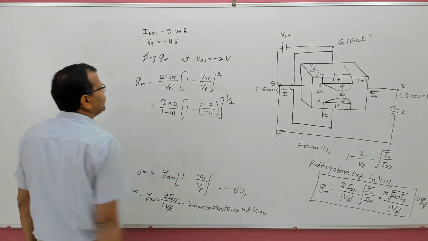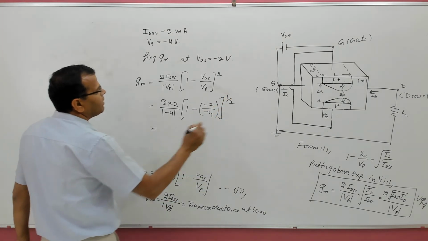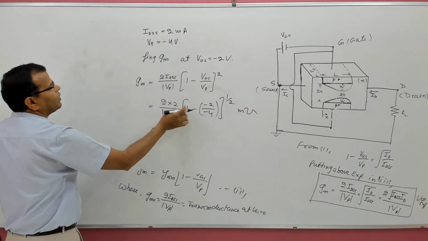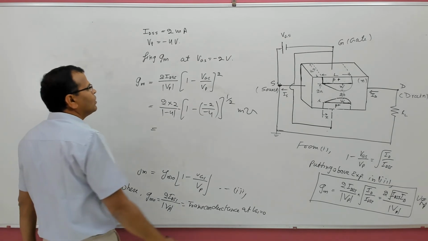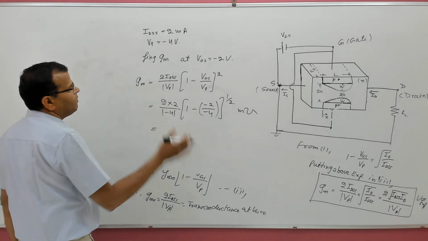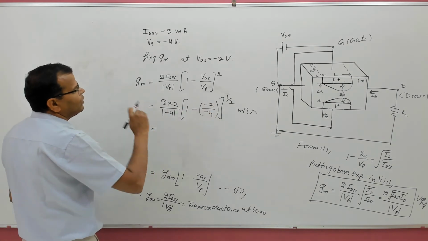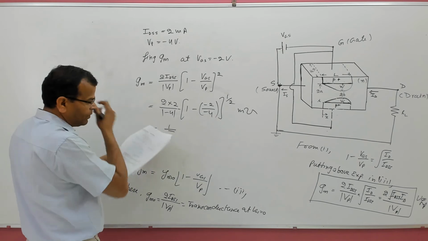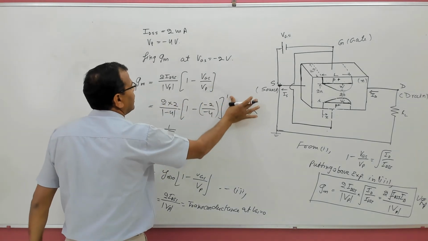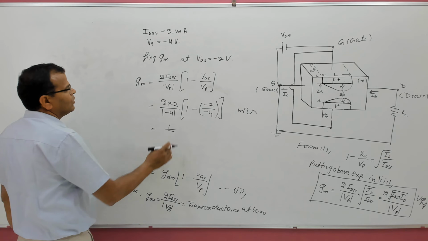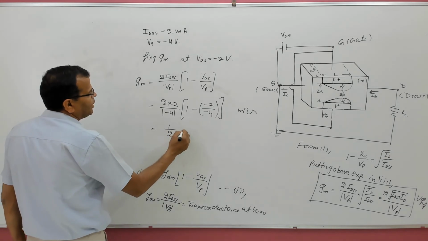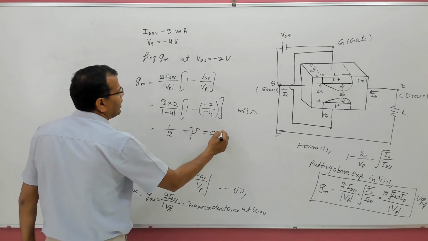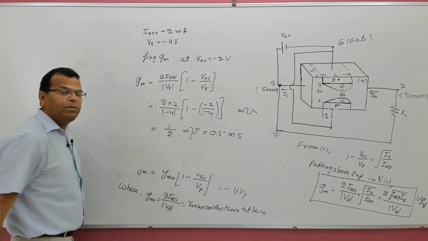So this gives the answer in millimho, because IDSS was in milliampere. 4 and 4 will be cancelled out. This is 1 by 2, minus 1 minus 1 by 2 is 1 by 2. I am sorry, this is not square. So this is equal to 1 by 2 millimho or millisiemens. 0.5 millimho or millisiemens is the same thing.